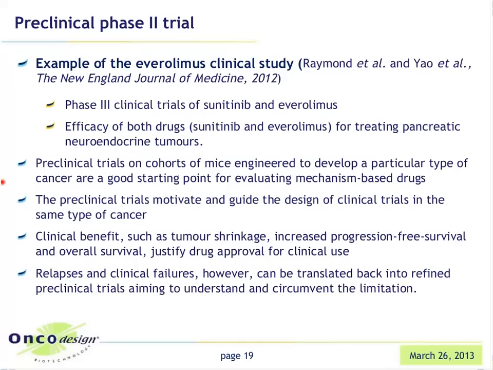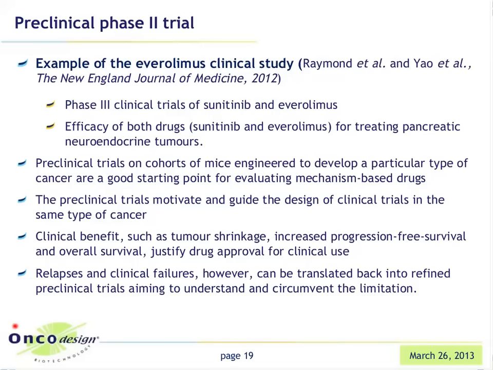So the preclinical trials on a full cohort of mice that are engineered to develop a particular type of tumor are a good starting point to evaluate the mechanism-based drug. And it helps to guide the design of the clinical trial for the same type of cancer, and there is a clear clinical benefit that can be seen in preclinical, such as progression-free survival or overall survival that is needed then to justify the drug approval for clinical use.